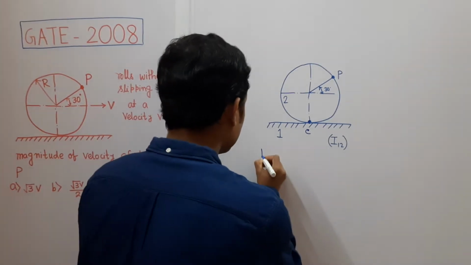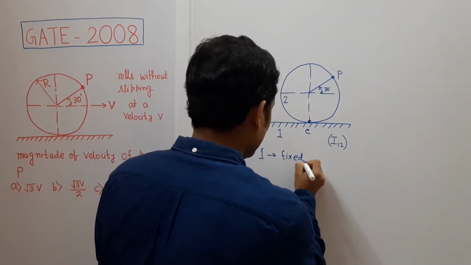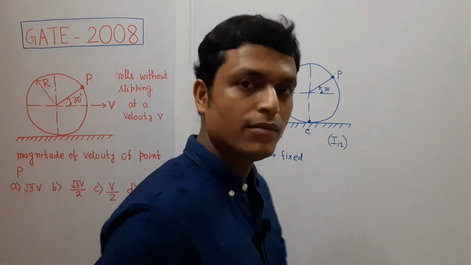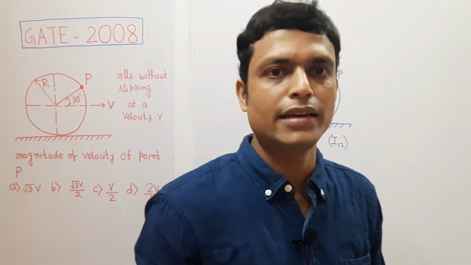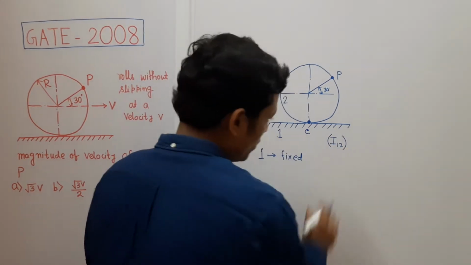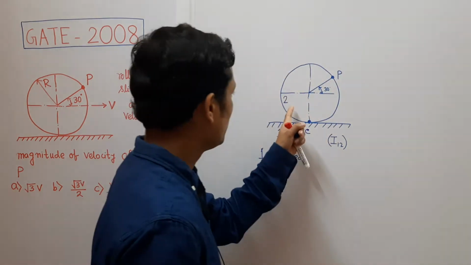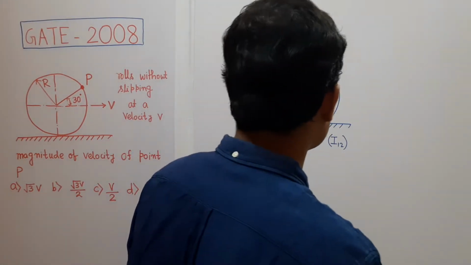So C is I12, the relative instantaneous center between 1 and 2. Now link 1 is fixed, so I12 is nothing but the absolute instantaneous center of velocity of 2. So I12 is the absolute instantaneous center of link 2, that is the circular disc.